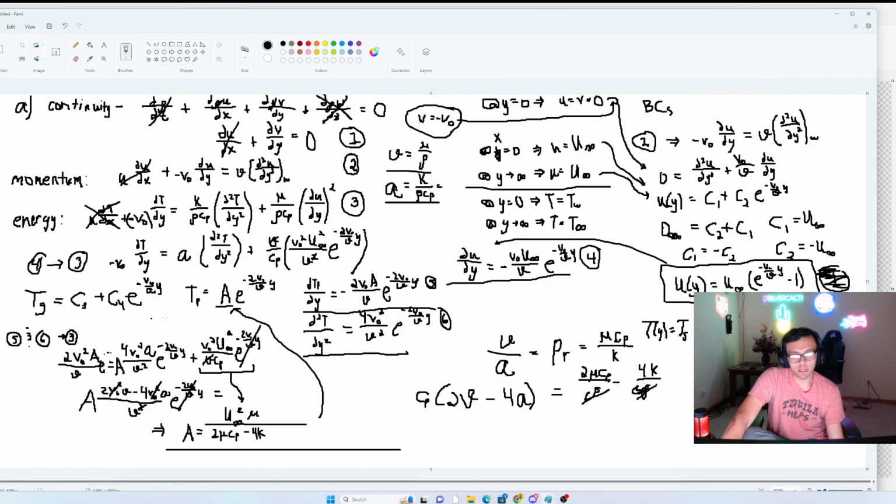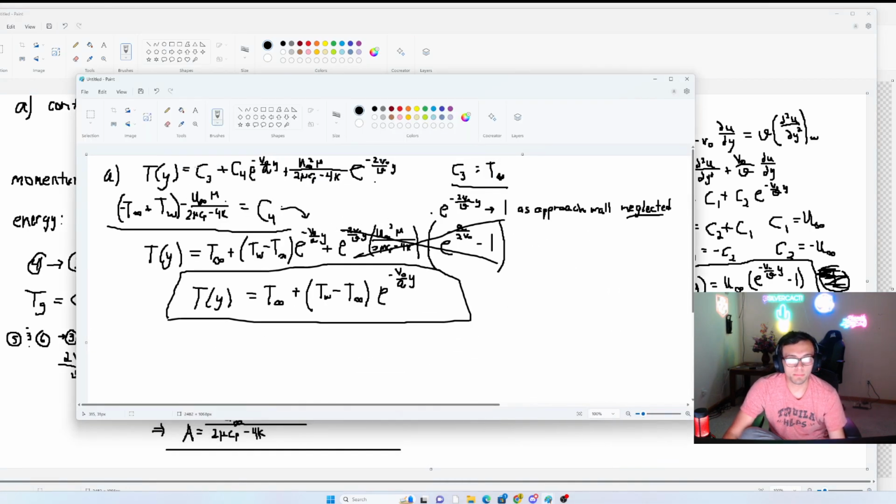And from that, we got a general and partial, and from the partial, we plugged the partial into the energy equation, did the derivative according to y, and solved for a. And from that a, we plugged it into the partial. We added both of those up, because the partial plus the general equals the full solution.